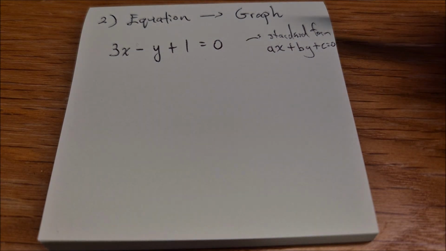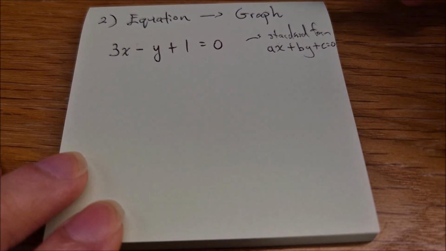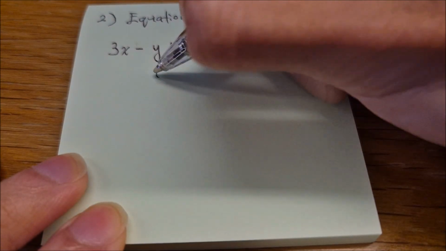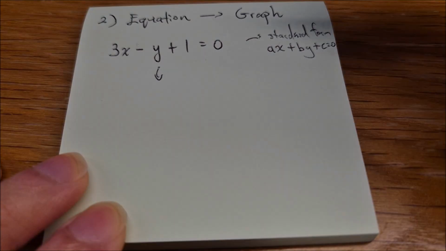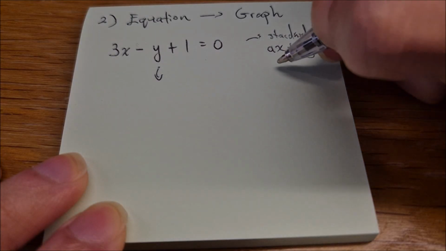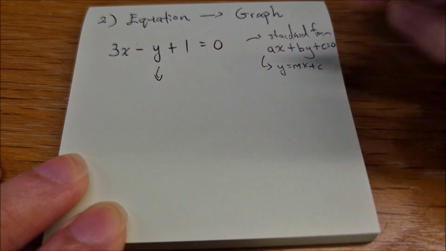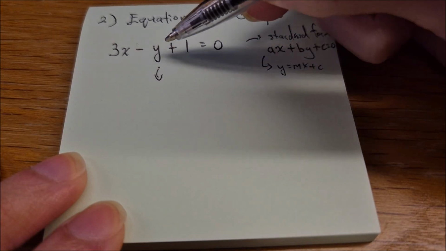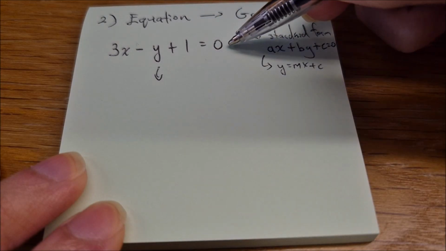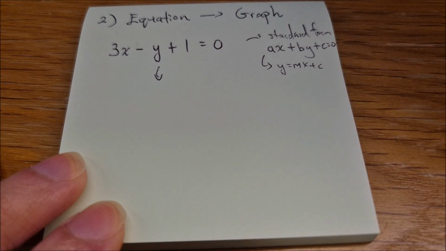To get to the graph, we first need to rearrange this into the form y equals mx plus c. We do that by moving this y over to the right hand side, and we'll be done.